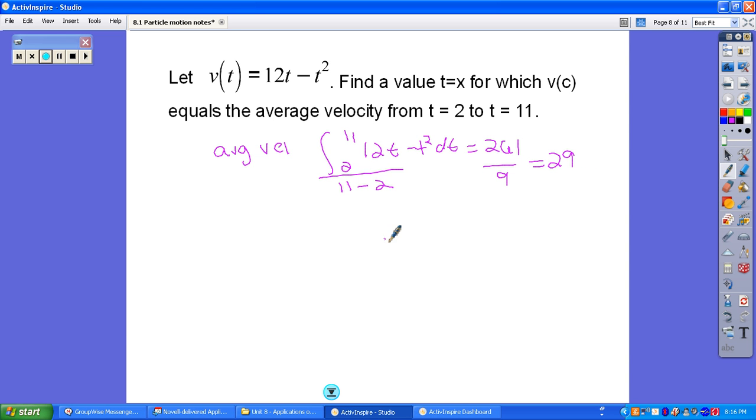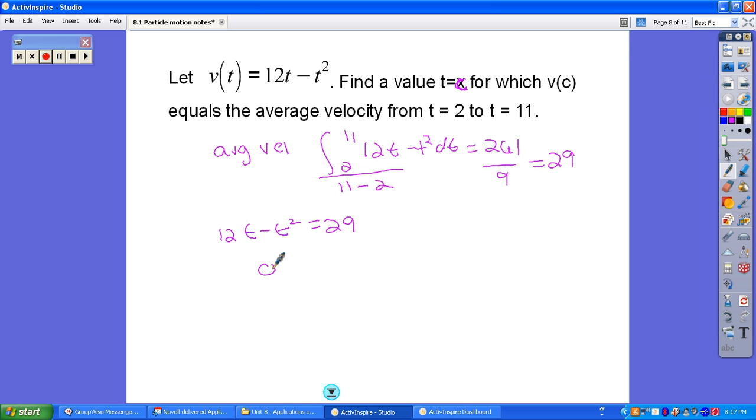Then it says find a value for t equals c for which v of c equals the average velocity. So we're going to set our function, and this should say t equals c, equal to our average value, and then we're going to solve it.